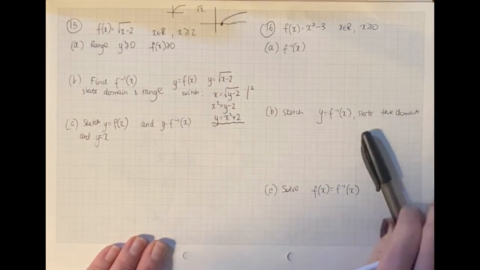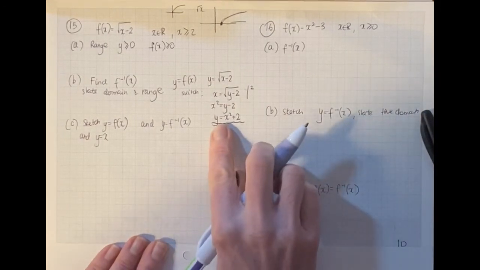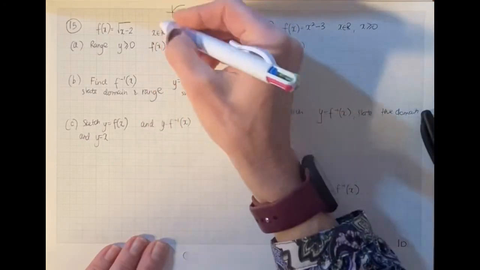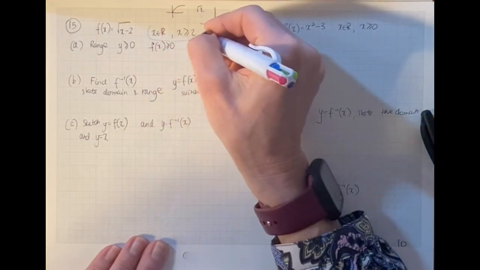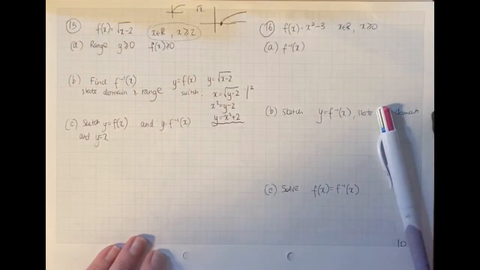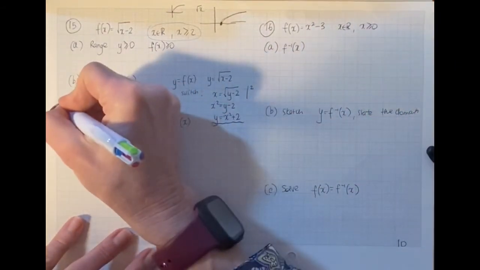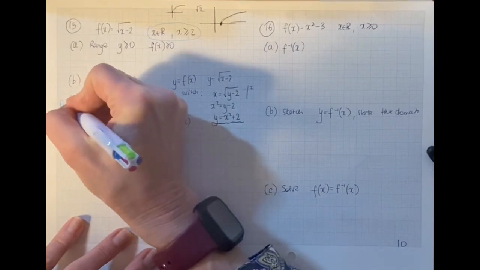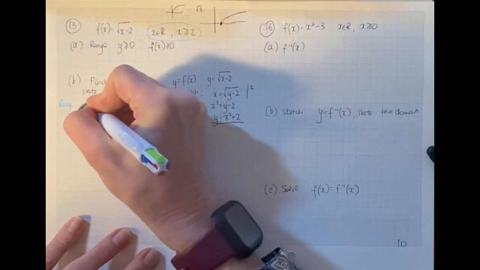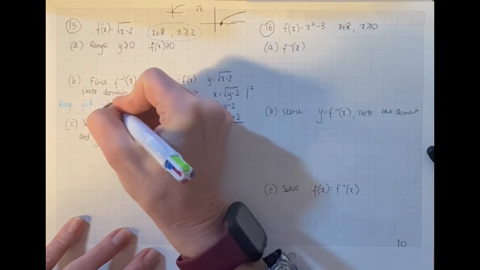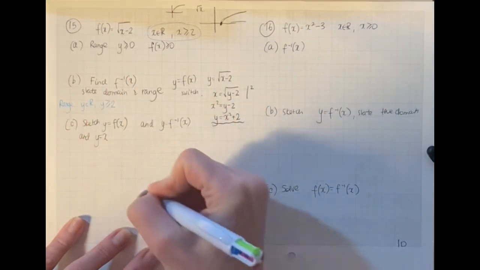Okay, so now we need to find the range and the domain. So the range is going to be very easy because the range is simply the domain of the original function, but we're going to switch the x's with y. So the range is y belongs to real values and y is greater or equal to 2.